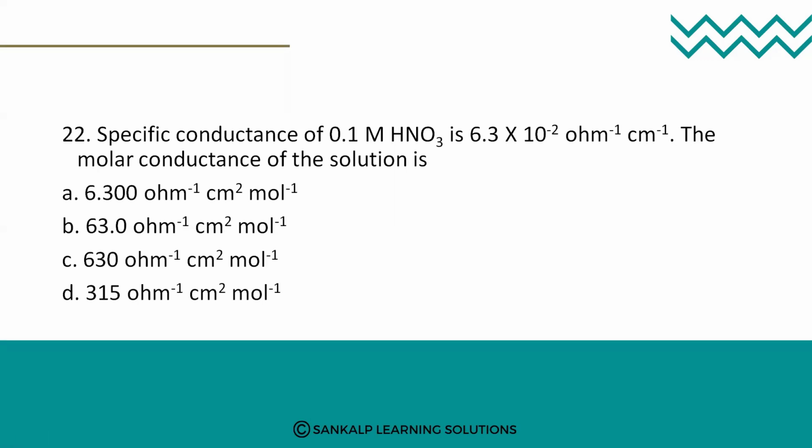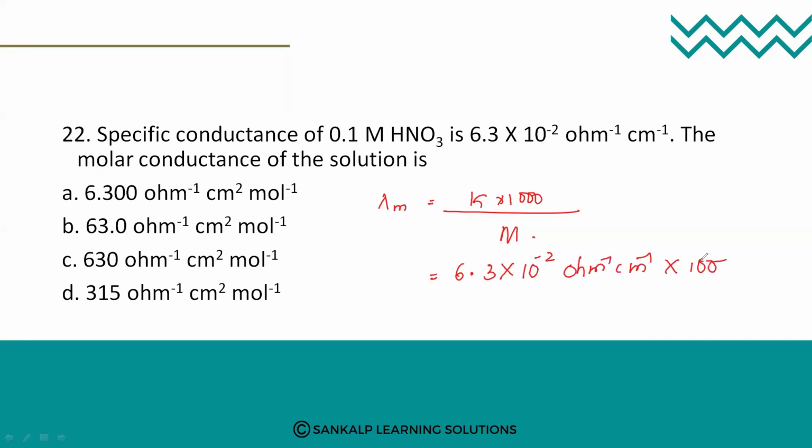The formula to be used here is molar conductance equals specific conductance into 1000 divided by molarity. Specific conductance is 6.3 into 10 raised to minus 2 per ohm per centimeter into 1000 divided by the molarity, which is 0.1.